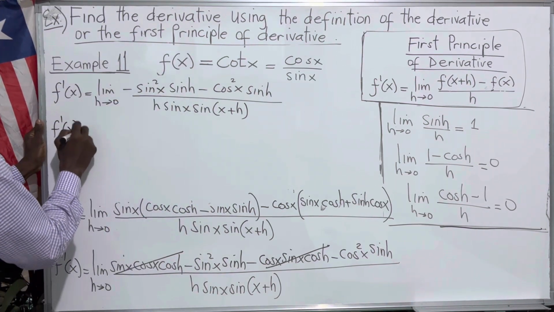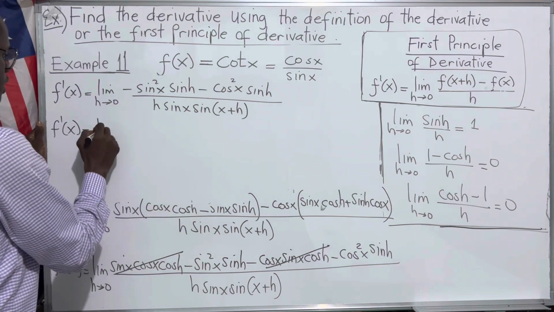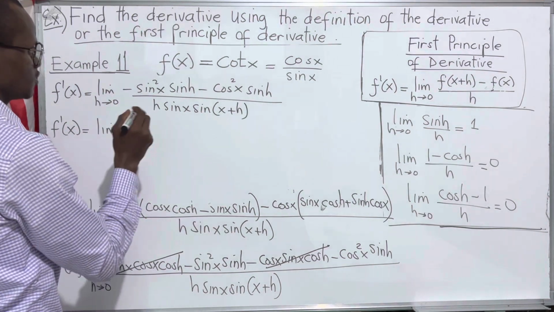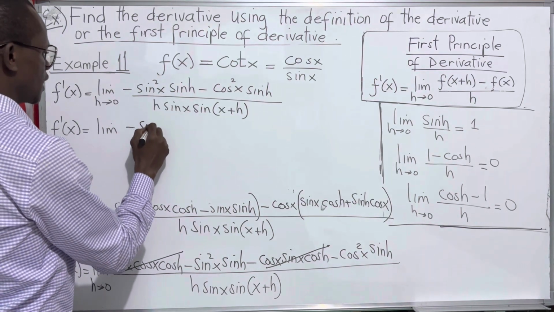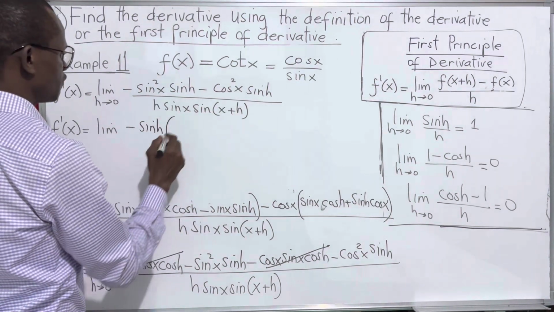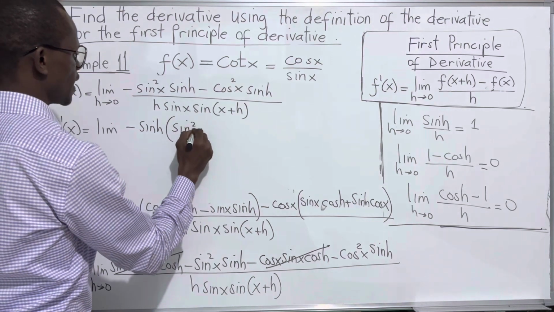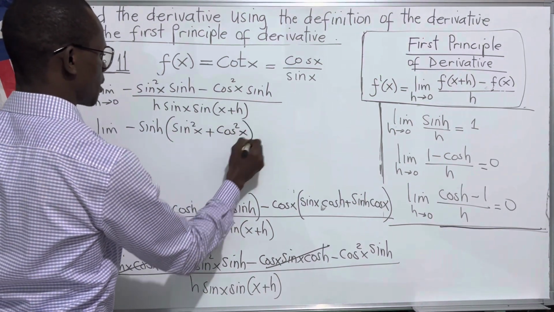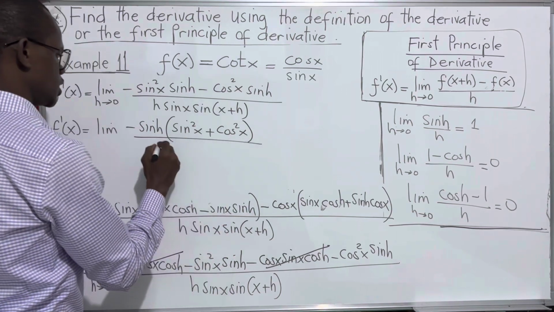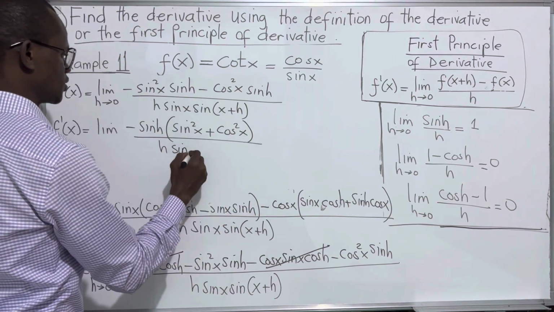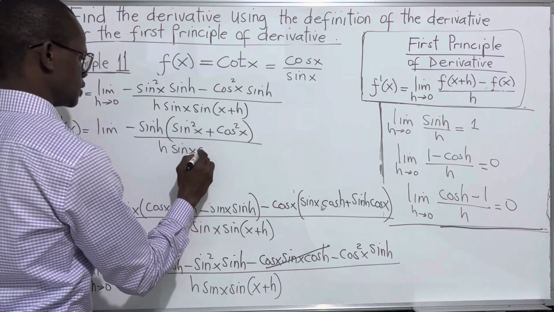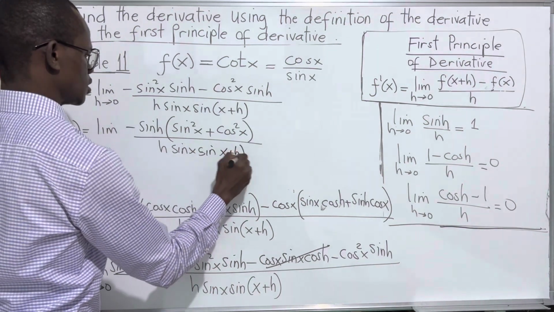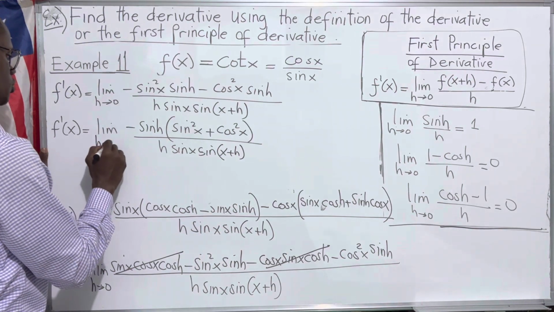So we can factor out negative and also factor out sine of h. What we'll be left with is sine square x plus cos square x, all over h times sine of x plus h, as h approaches 0.